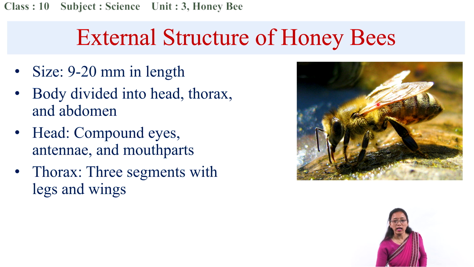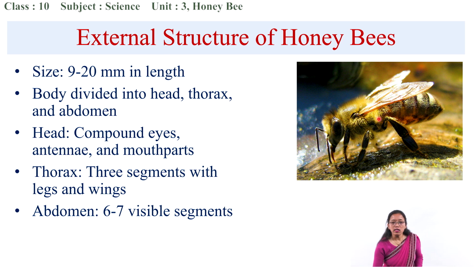From the same thorax region we can find 2 pairs of wings. This is the external pair of wings, and there is also an internal pair of wings. Due to the presence of head, thorax, abdomen and wings, it belongs to class Insecta and it is an insect.